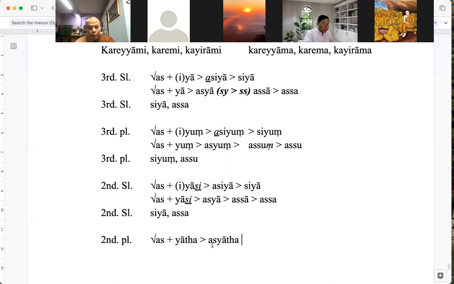So saya to the sasa. So asata. And then here also, asa to the asa, this also becomes short. So we have the asata. Okay, asata. Only one form.